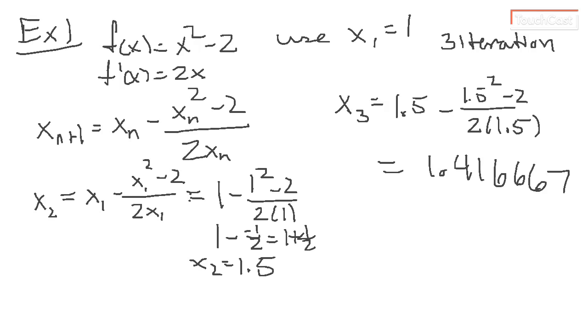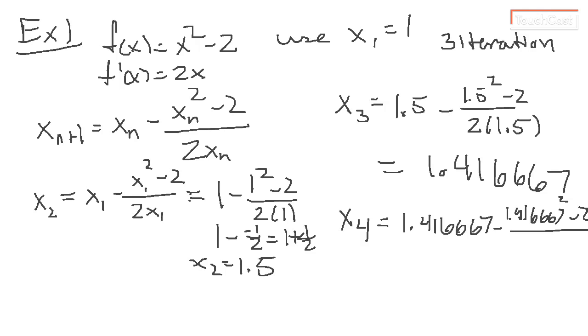That's fine. Now I'm going to take that value and I'm going to try to find x4. We're going to do another iteration. So we're going to go 1.416667 minus 1.416667 squared minus 2 over 2 times 1.416667.